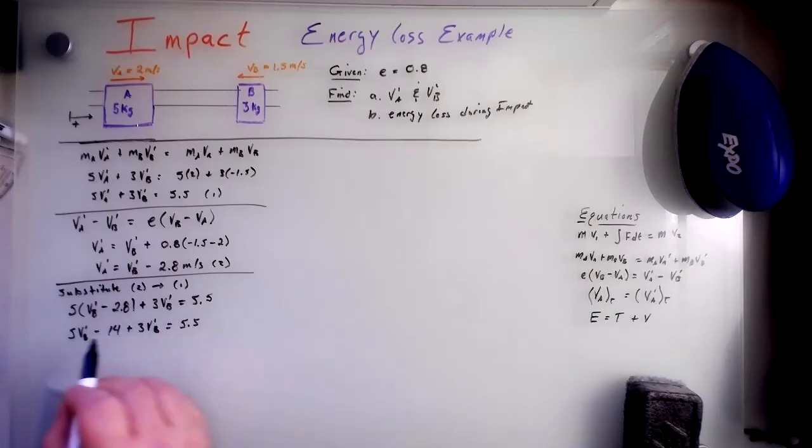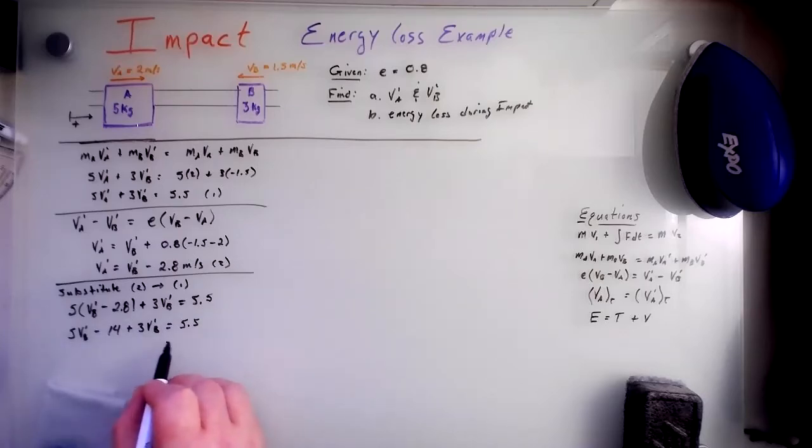If we collect like terms, we add 14 to this side, and that's going to be 19.5.